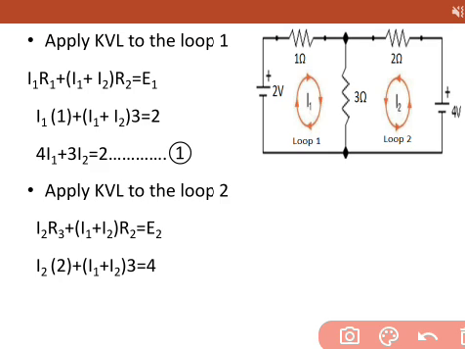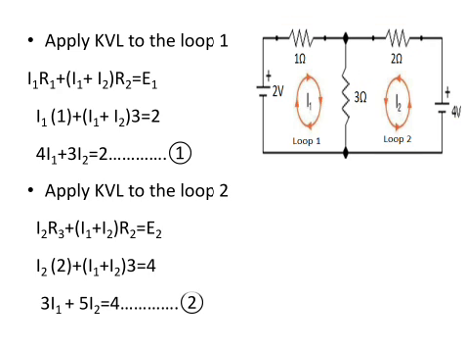Next, I2 into R3, that means 2 ohm, plus (I1 plus I2) into R2, that means 3 ohm, equals the source 4 volts, that equals 4. Next, 3I1 plus 5I2 equals 4. Say, equation 2.